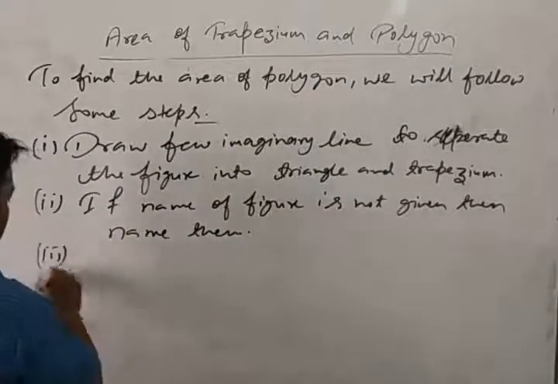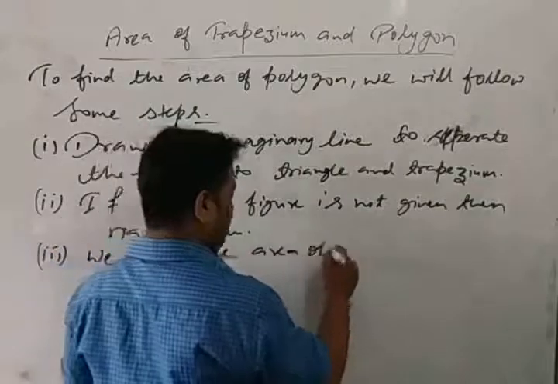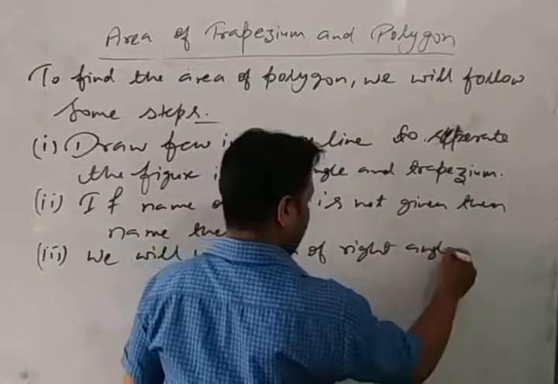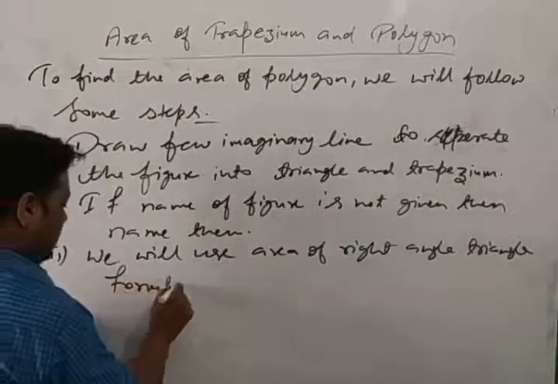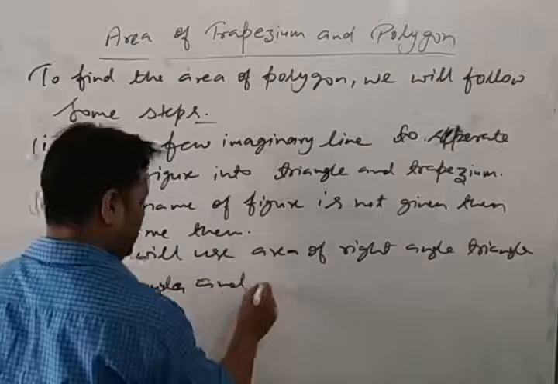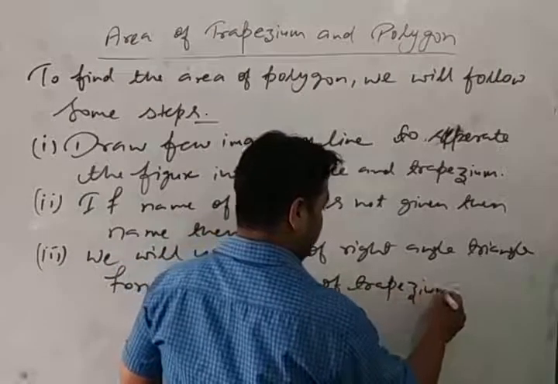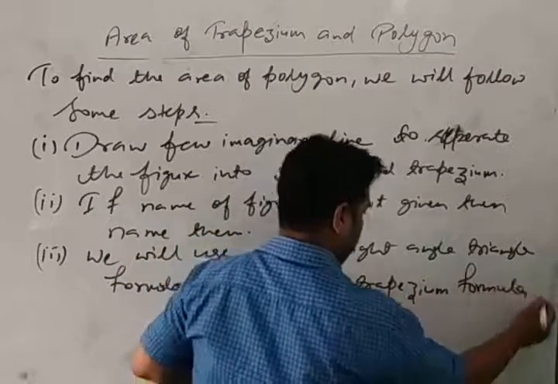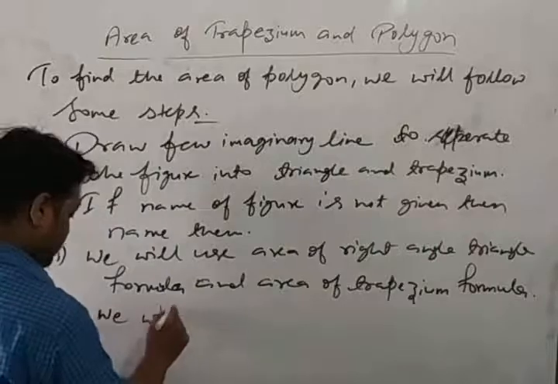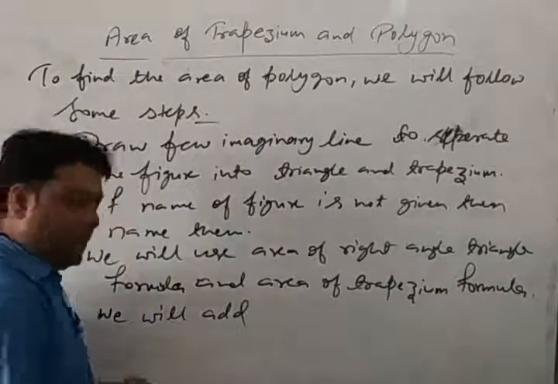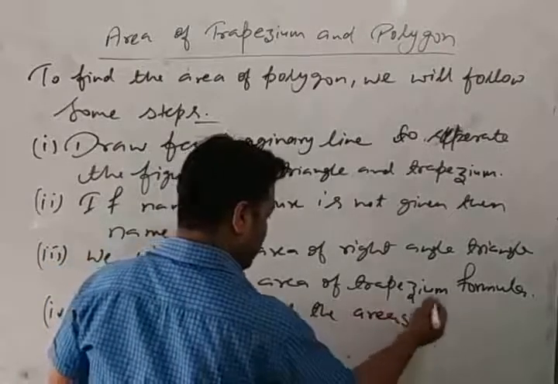Now in the third point, we will use the area of right angle triangle formula and the area of trapezium formula, and then at last we will add all the areas.